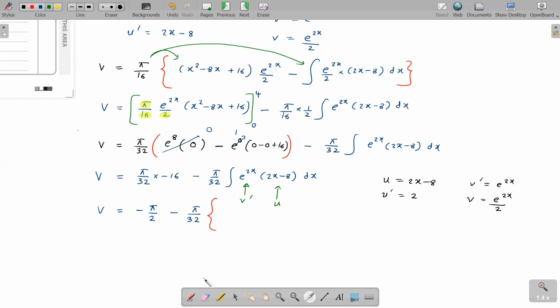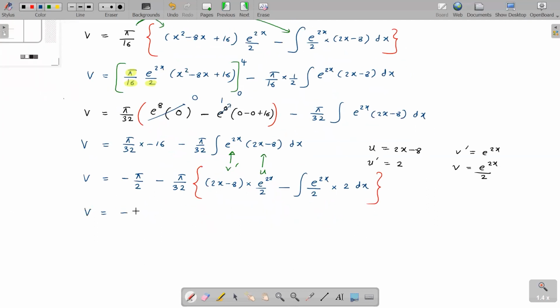So uv, who is u? U is 2x minus 8. uv is e to the power 2x over 2 minus integration v is e to the power 2x over 2 into u dash is 2 with respect to x, and you close the integral sign again.